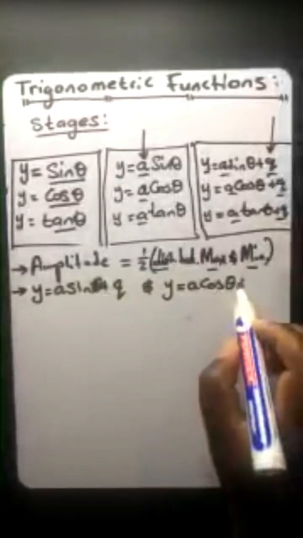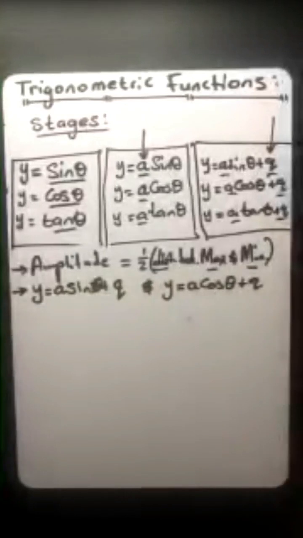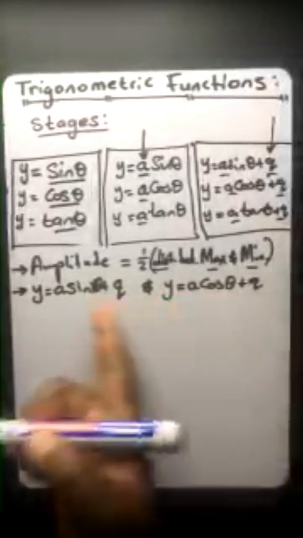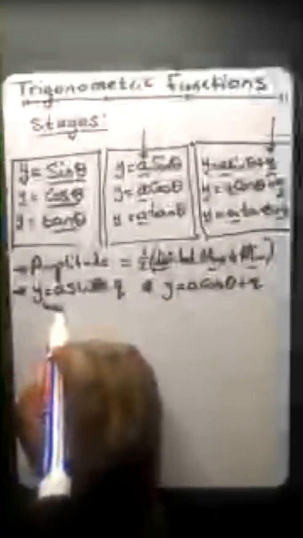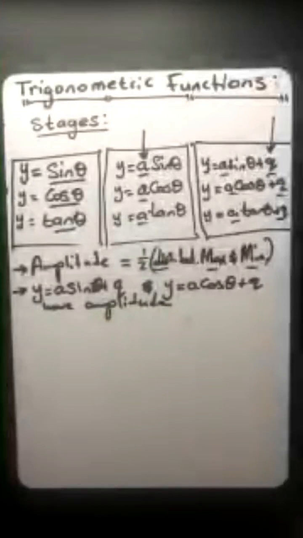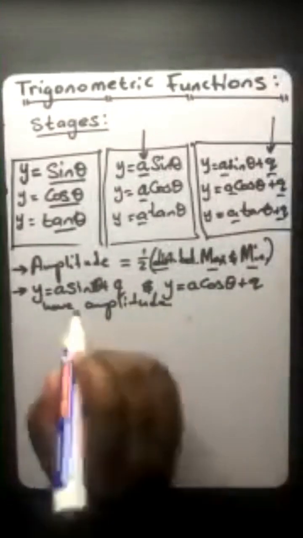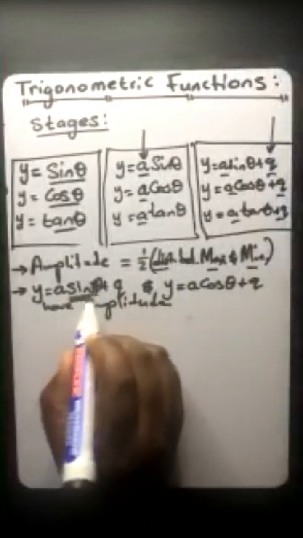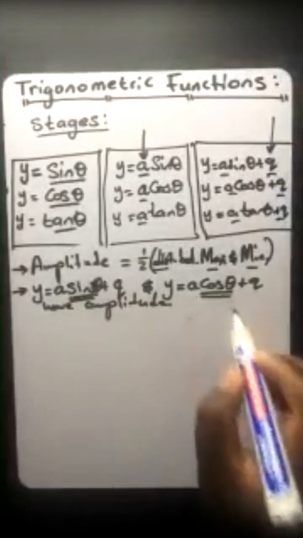Let me keep it simple and use theta there and say plus q. Both of these functions have an amplitude. That means you can calculate an amplitude for a trigonometric function of sine and cos.